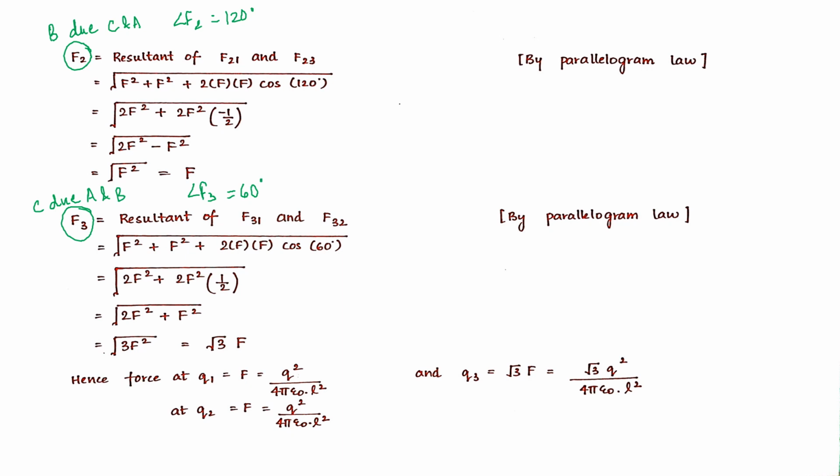One thing I wanted to explain in the previous slide is where this formula is coming from. We have this formula from the parallelogram law, and it is written as resultant force equals force on one vector squared plus force on the second vector squared plus 2 times force 1 into force 2 into cos of theta, the angle between the two forces.